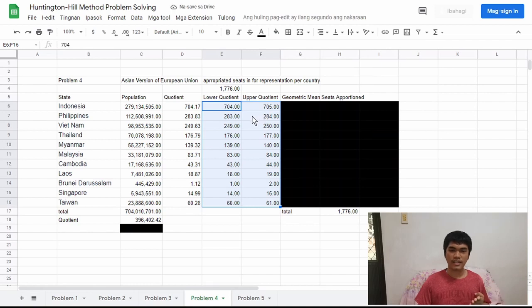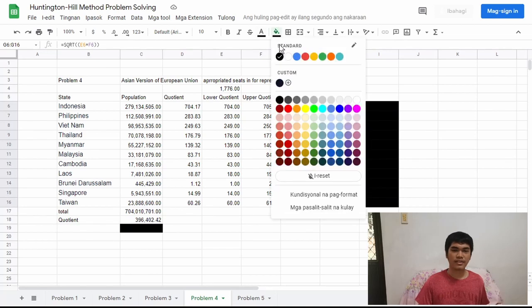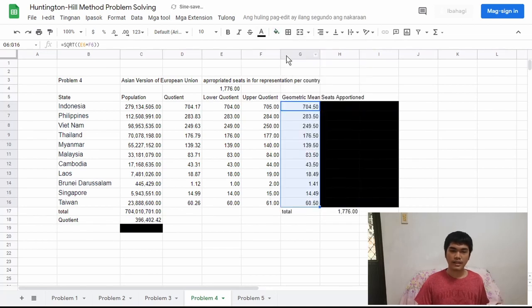So that's the upper and lower quotient. So the geometric mean of these countries will be, in Indonesia we got 704.50. That's higher than the quotient.